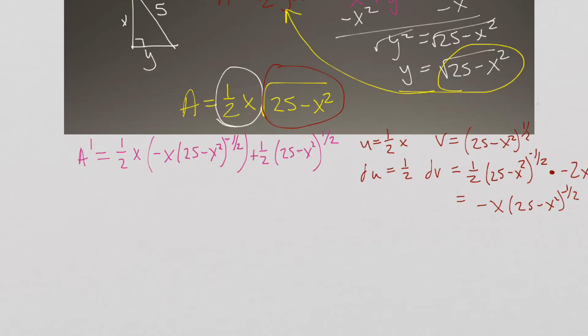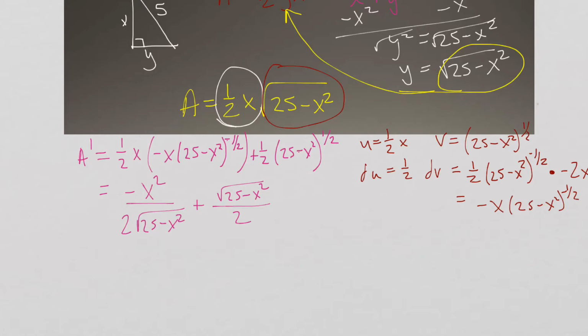Now I need to start doing some simplifying. So here I'm going to have negative x squared over 2 square root of 25 minus x squared plus the square root of 25 minus x squared over 2.